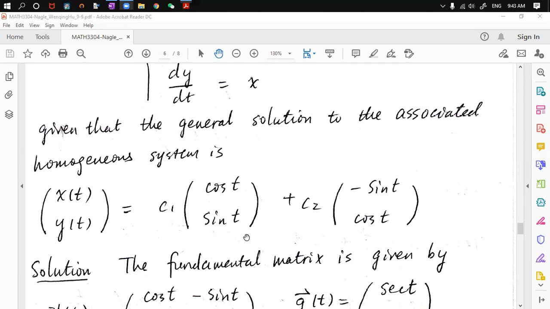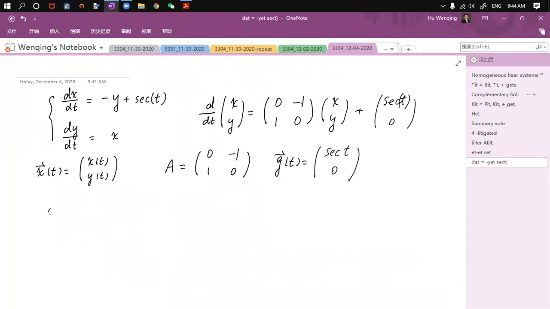You must interpret this: this is the first fundamental solution and this one is the second fundamental solution. If you know both of the fundamental solutions, you put them as column vectors in a row, and you end up with the fundamental matrix.